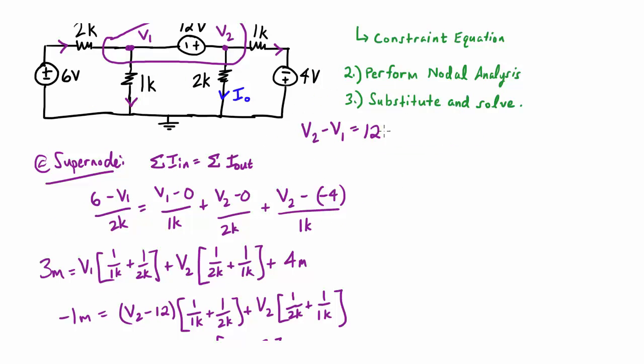And I was using the fact from this equation right here. So from the constraint equation, V1 is equal to V2 minus 12. Right? Okay, so now we can use that to solve for I/O.